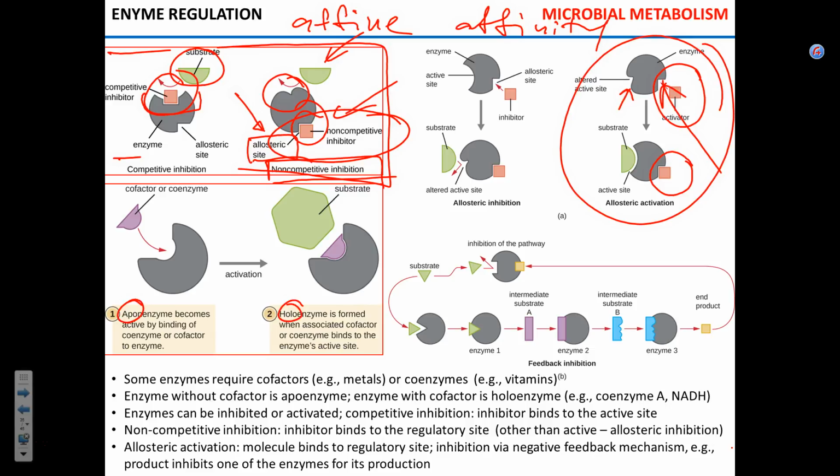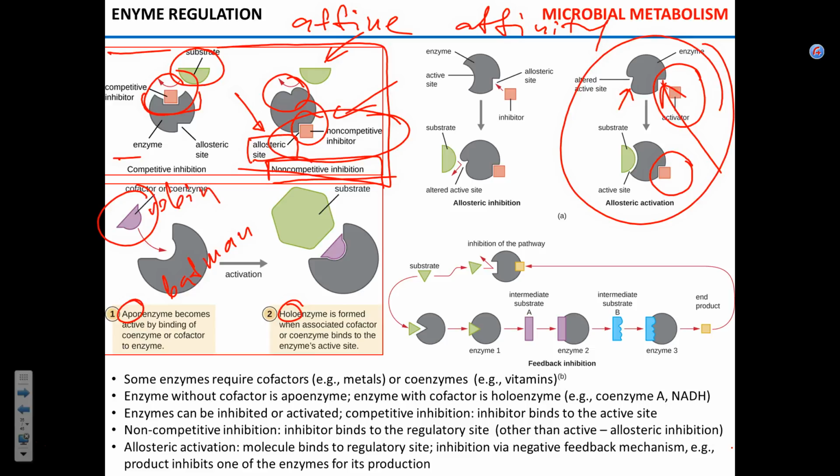I used that analogy, but it was quite a pathetic analogy. An apo enzyme cannot work without some sort of cofactor or coenzyme. It's like Batman and Robin, but it turns out it's quite a pathetic Batman which cannot do anything without Robin. So this is Batman, this is Robin.